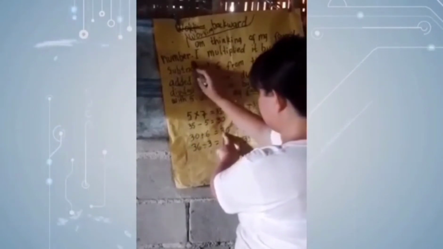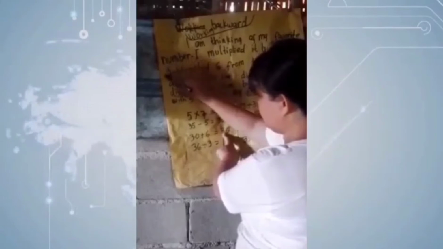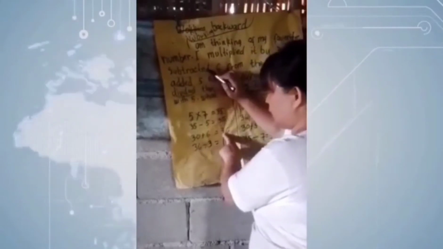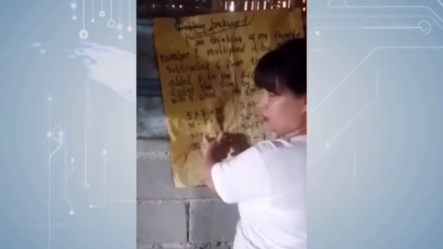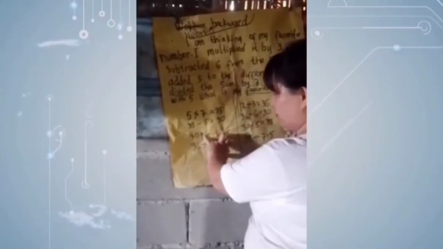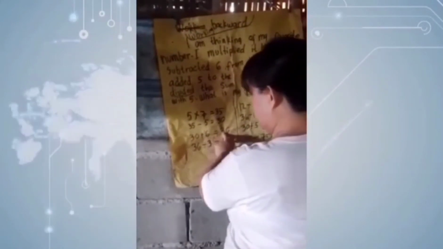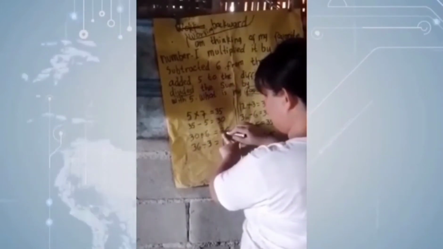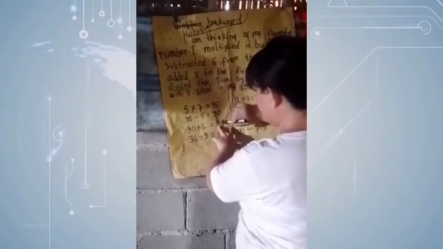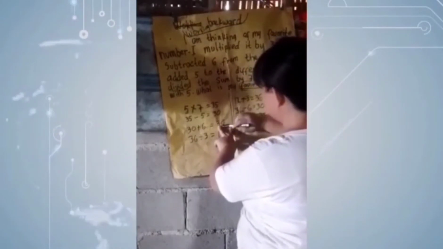Since he or she mentioned that we subtracted it, we are going to add 6. So the number is 36.